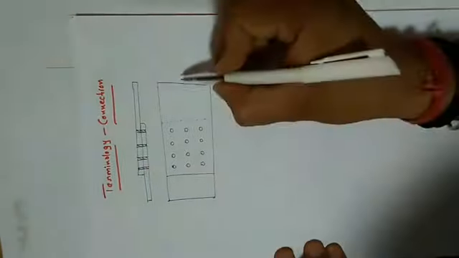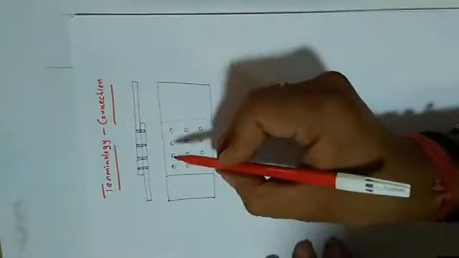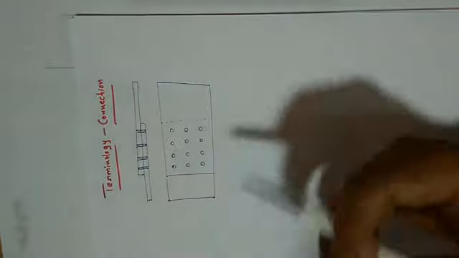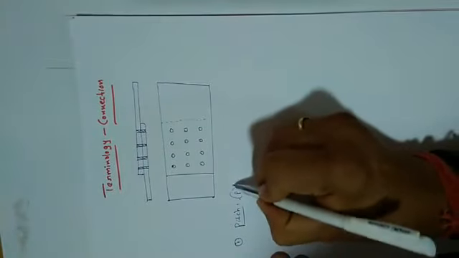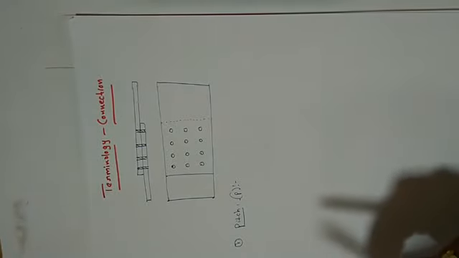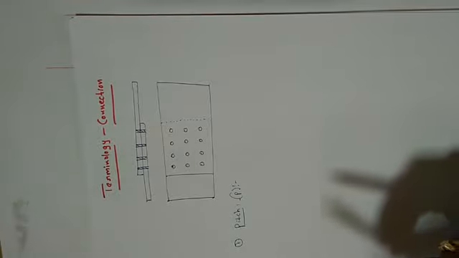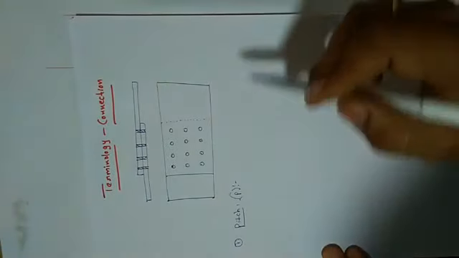Right, so now we'll see them one by one. First, what do you mean by pitch? Pitch is indicated with the symbol P. How do you define the pitch? Pitch is defined as the distance between two centers of the bolt holes which is parallel to the force direction.